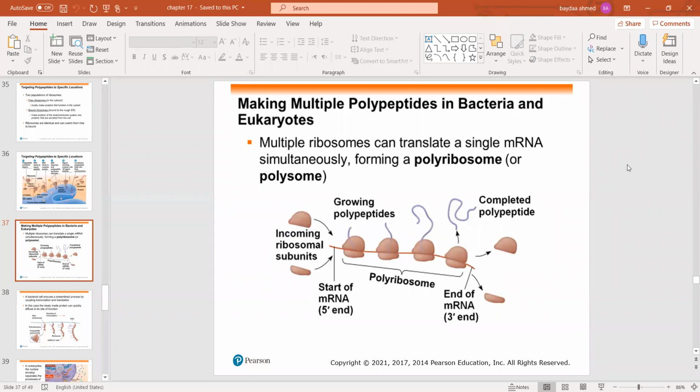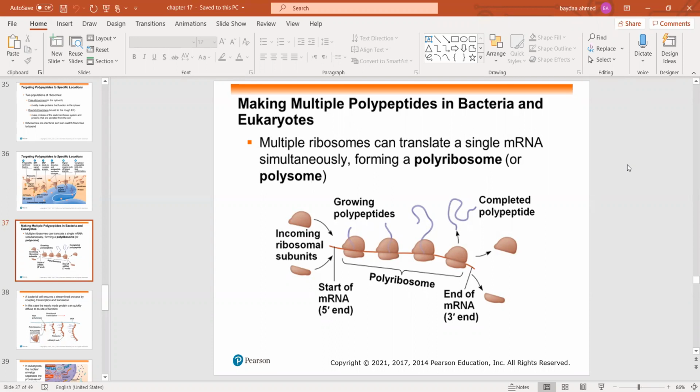In both bacteria and eukaryotes, multiple ribosomes translate an mRNA at the same time. That is, a single mRNA is used to make many copies of a polypeptide simultaneously. Once a ribosome is far enough past the start codon, a second ribosome can attach to the mRNA, eventually resulting in a number of ribosomes trailing along the mRNA.